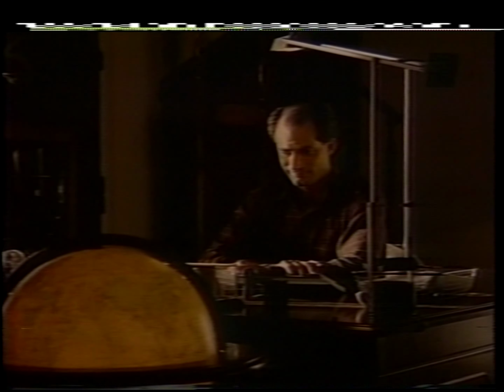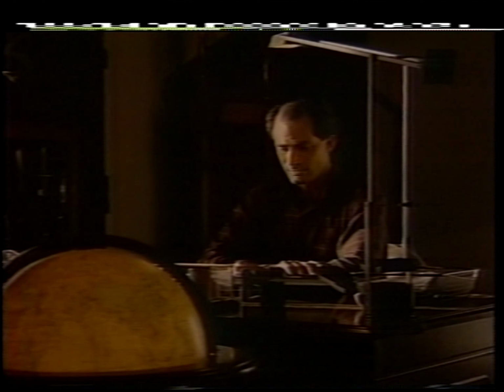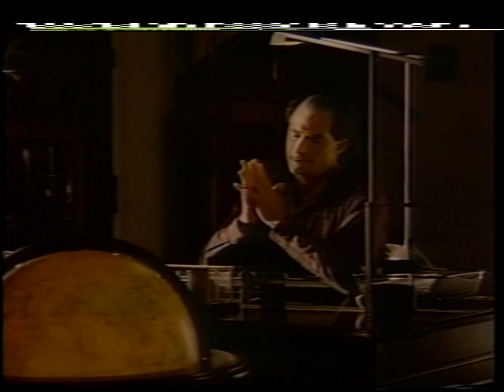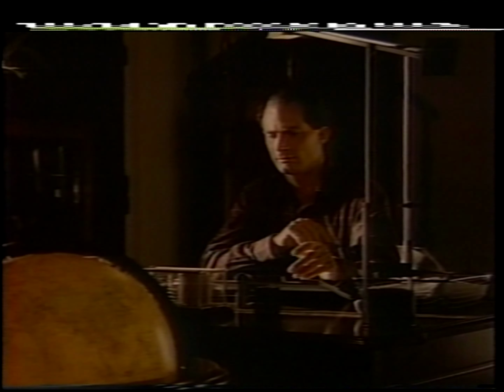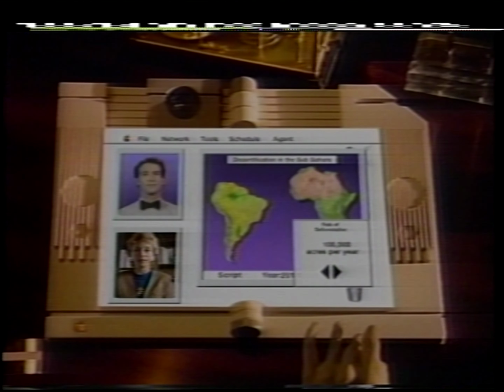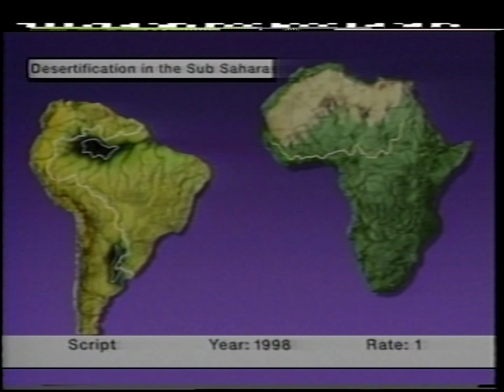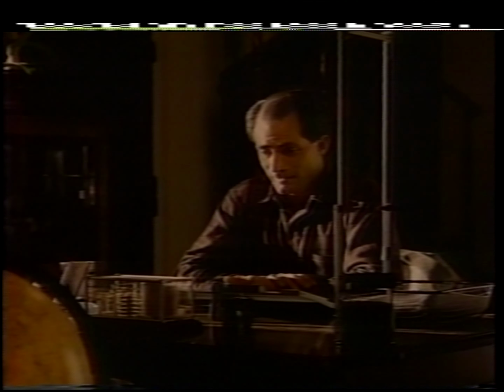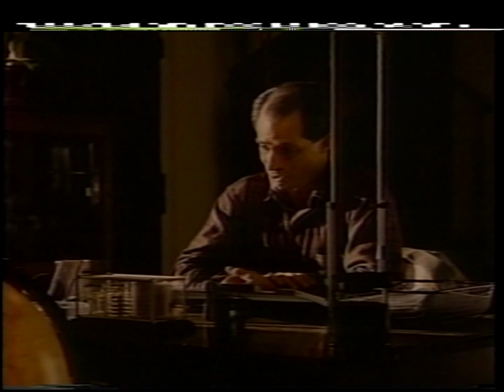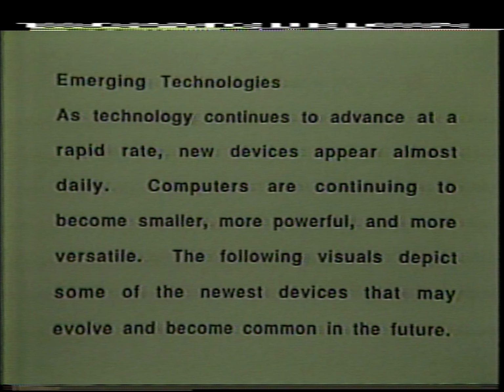I'd like to have a copy of that for myself. What happens if we bring down the logging rate to 100,000 acres per year? Interesting. I can definitely use this. Thanks for your time, Jill. I really appreciate it. No problem.